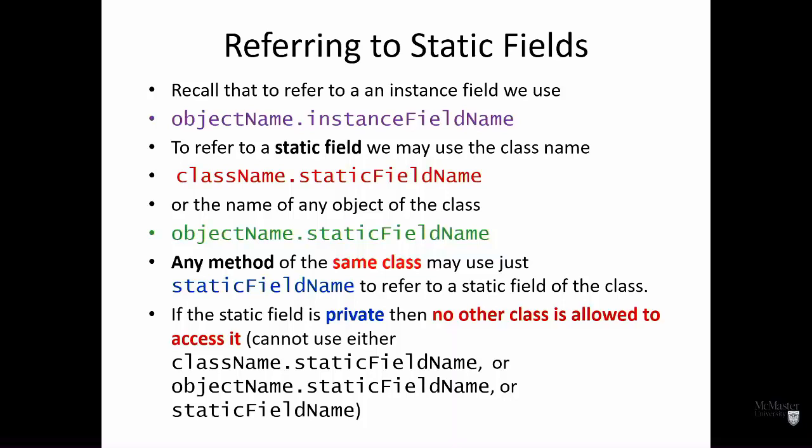What does it mean? It means that no other class is able to access it. Private has the meaning that we discussed before, which is if you define a private variable, no other class is able to access this variable. Static has the meaning that this variable will exist in the memory during the duration of the class. Both are orthogonal to each other. So you can have a variable that is private and static at the same time. Okay?